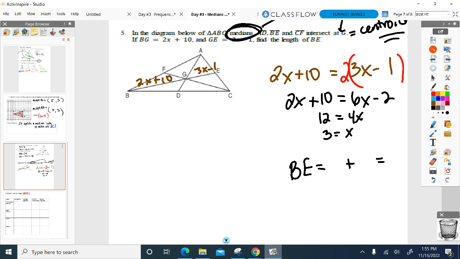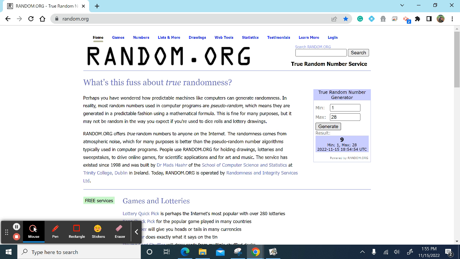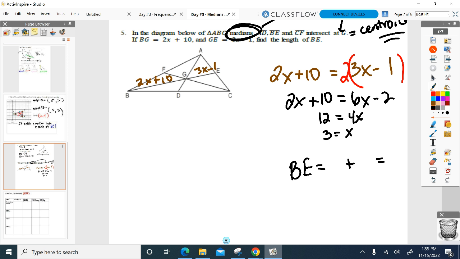Right, I accidentally doubled the 2 part. What'd you get for x? x equals 3. Yep. So then you plugged it in, and BG was 16, right? And GE was 8, so BE was 24. Yep.